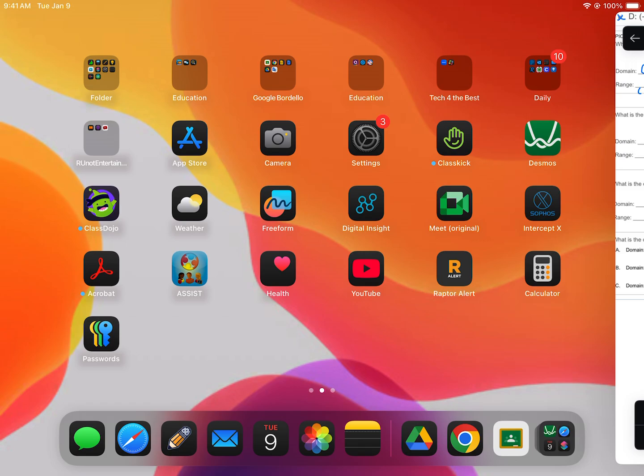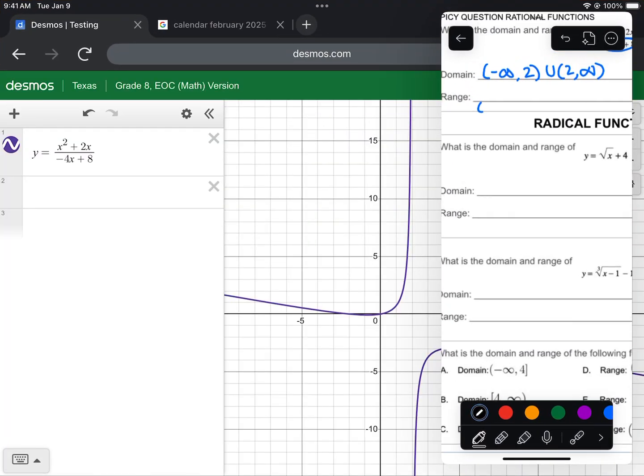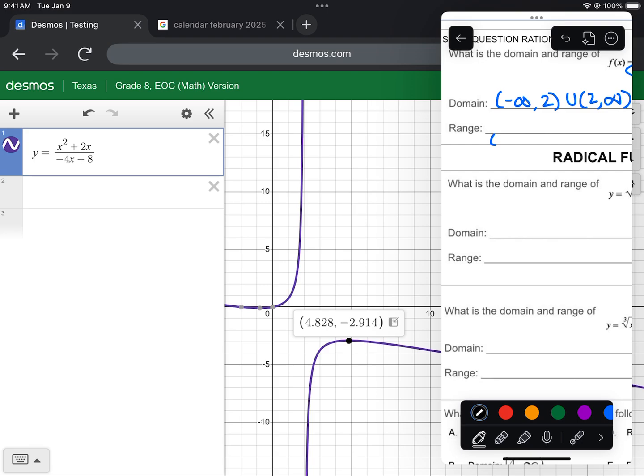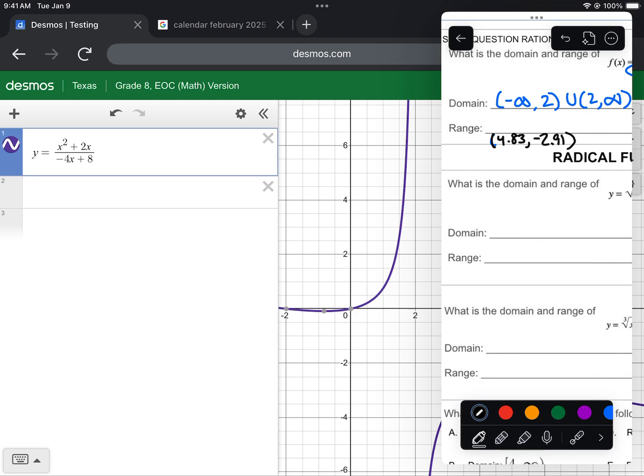Let's go back here, pull up Desmos. So I know my highest value right there. We're going to go 4.83, comma, negative 2.91. And my lowest point, I want to zoom in just to make sure I get the absolute lowest, which is that one. It's going to be negative 0.828 and negative 0.086.